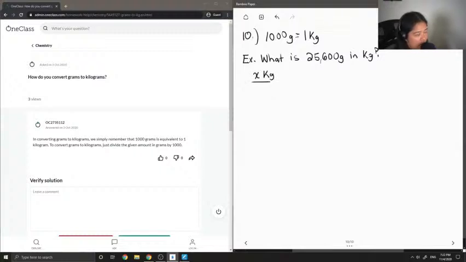So x kilograms over 25,600 grams. And then I put my conversion factor on the right. 1,000 grams, 1 kilogram.